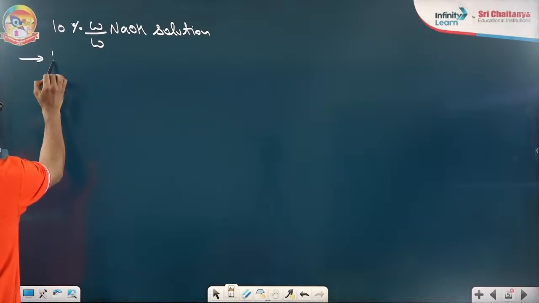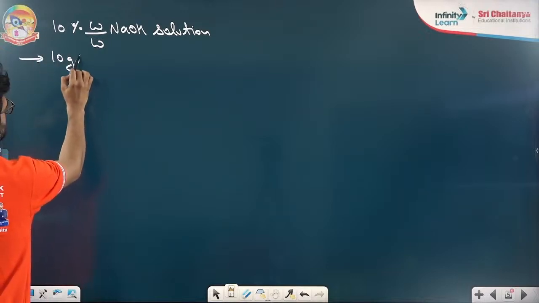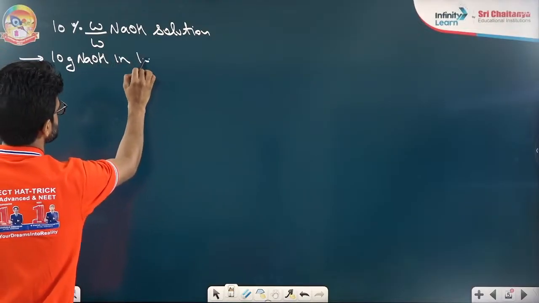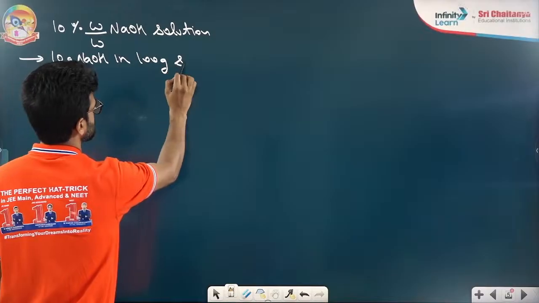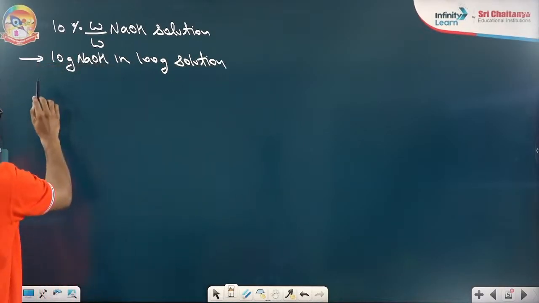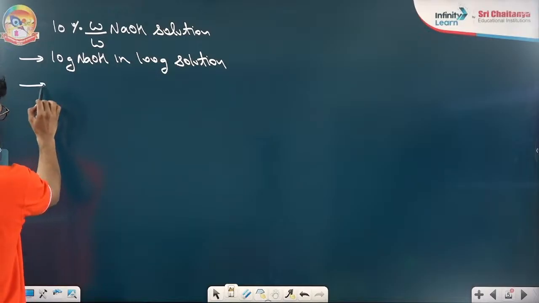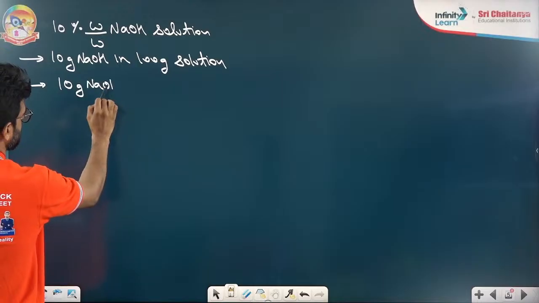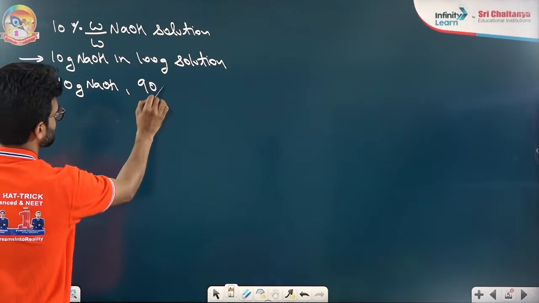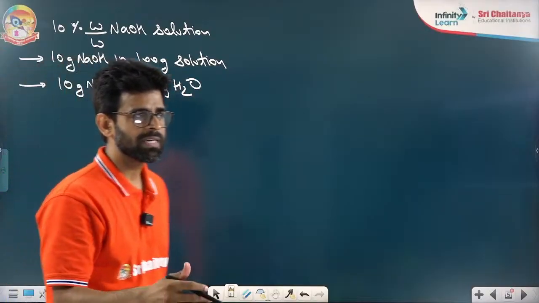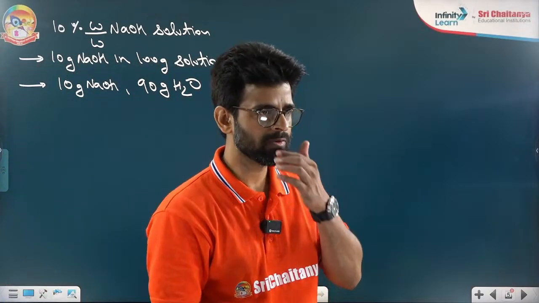It means, beta, we are having 10 gram NaOH in 100 gram solution. Yes, we have 100 gram solution. Or I can say, if I go a little extra, 10 gram NaOH and plus, beta, what? Remaining is 90 gram water, right?